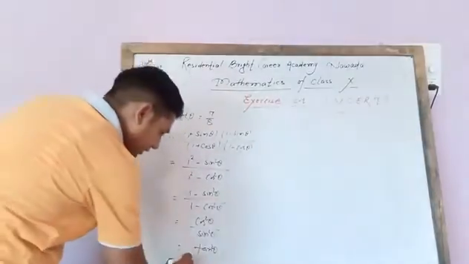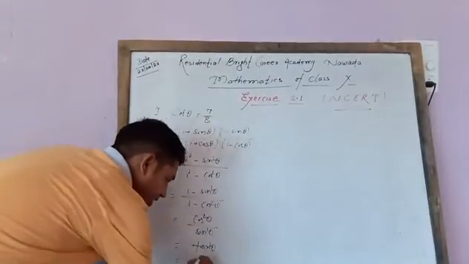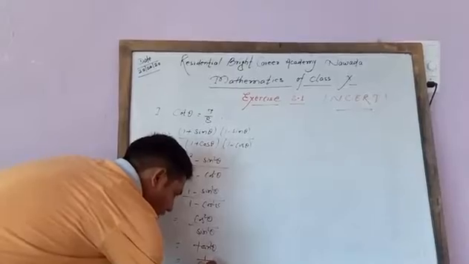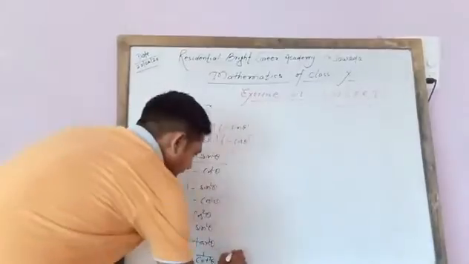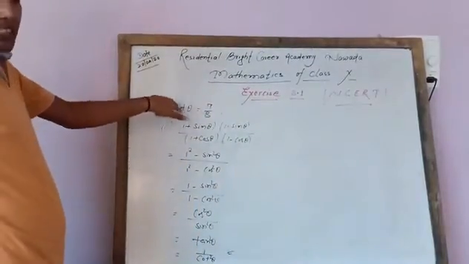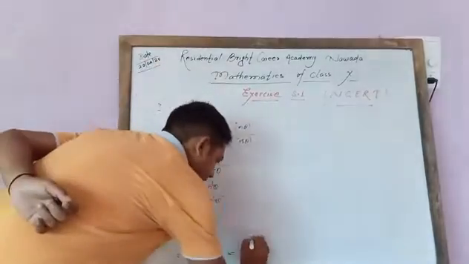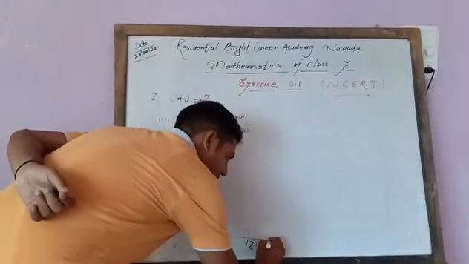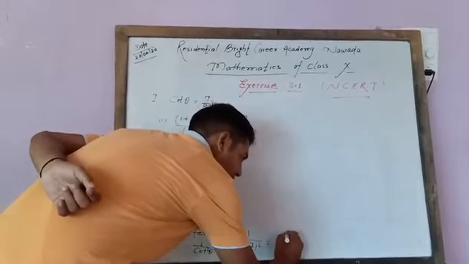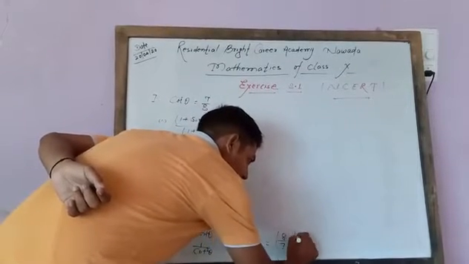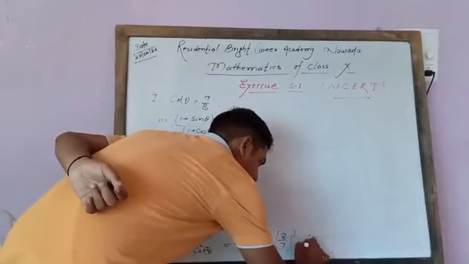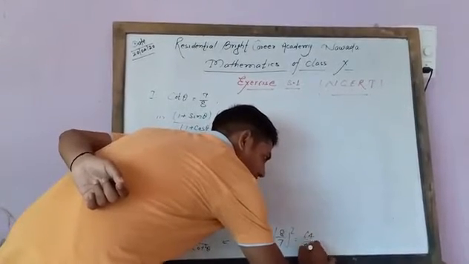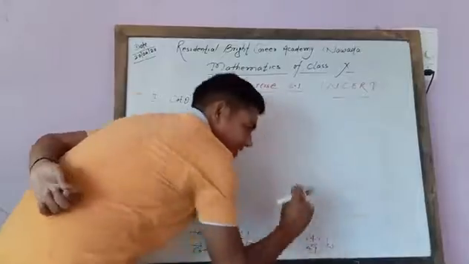Cot square theta is 1 upon tan square theta. Here cot theta is equal to 7 by 8. So we can write (7 by 8) to the square, which in the next form is 7 upon 8 to the square. It means 7 sevens are 49 and 8 eights are 64. It will be the answer.